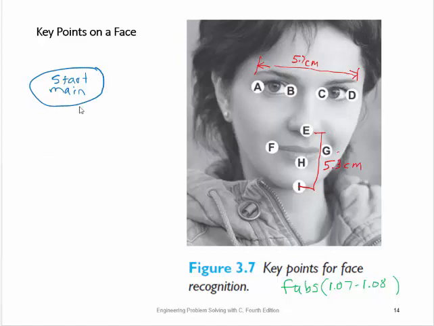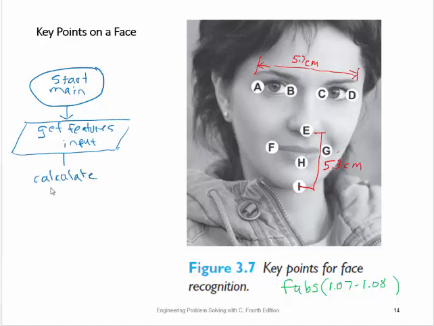That's supposed to be an oval. It's going to get the feature input somehow. Then it's going to do a bunch of calculations, calculate ratios.